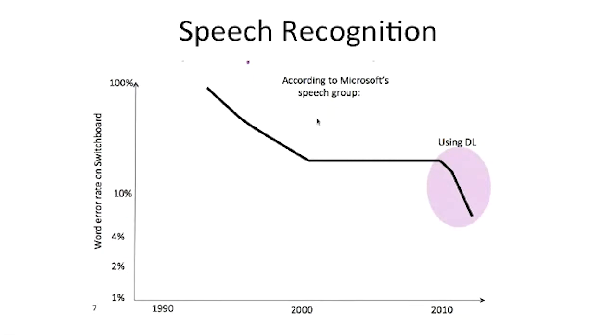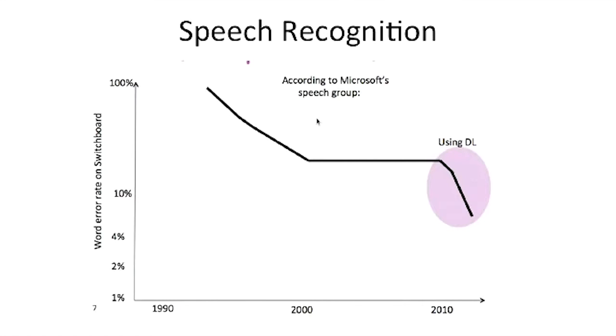From 2000 up to 2010, nothing was really happening. The speech recognition technology was working, but it was never good enough to actually be deployed in products. Over the last 5 years or so, we've seen a huge decrease in the error rate using deep learning algorithms.